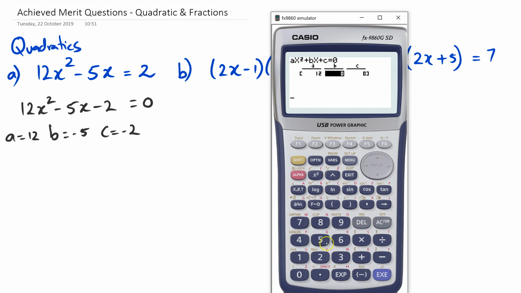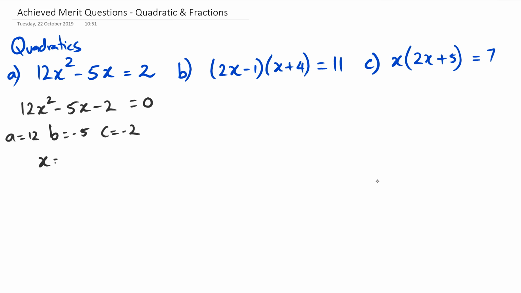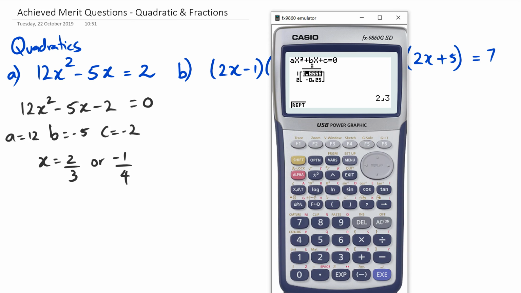So you've got 12, minus 5, minus 2. And as you can see, those are your two answers. So you got 2/3 as one of your answers, or negative 1/4 as your other answer. All right, so we're going to write that down here. X is equal to 2/3, or negative 1/4. So yeah, just keeping an eye on those numbers there.